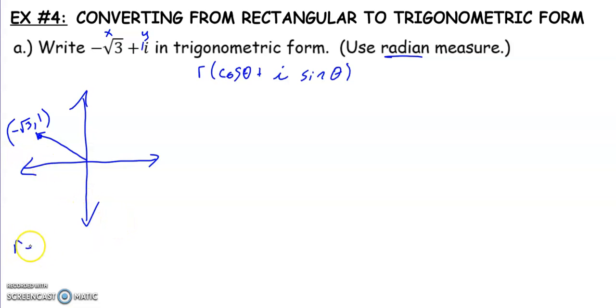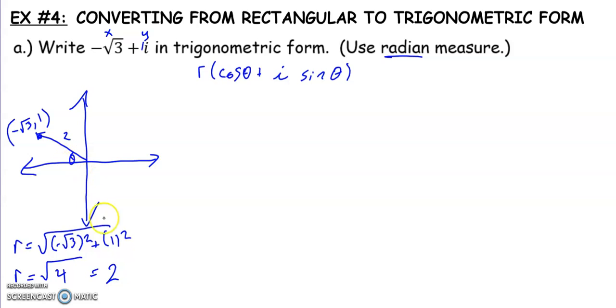This lets us find r. We're going to find the length of our hypotenuse here. R is the square root of negative radical 3 squared plus 1 squared. So that's going to be the square root of 4. So this has a magnitude of 2.